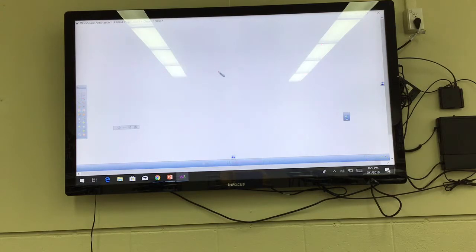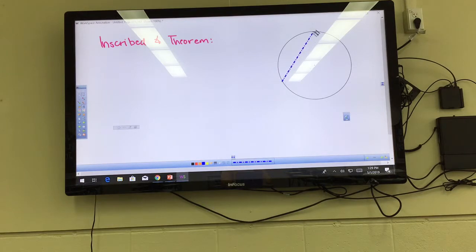Okay, so with that, we have a theorem. It's called the inscribed angle theorem, and that's going to help us find the values of those intercepted arcs. So the inscribed angle theorem says, if we have a circle, we have an intercepted arc from the inscribed angle.